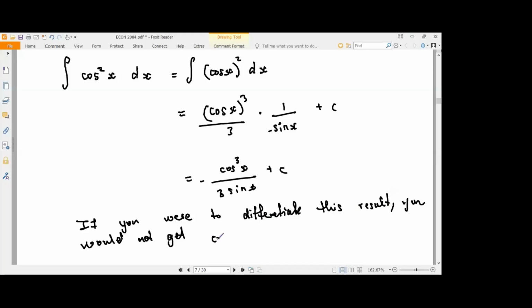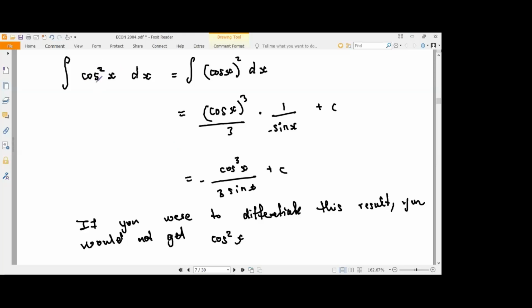And you don't even have to differentiate it to tell, because if you differentiate this expression, it's a quotient. So you already know that the quotient is going to give sine squared x in the denominator, and that tells you right away that you're not going to get cosine squared x as your final answer. So it's very evident that it wouldn't reduce.